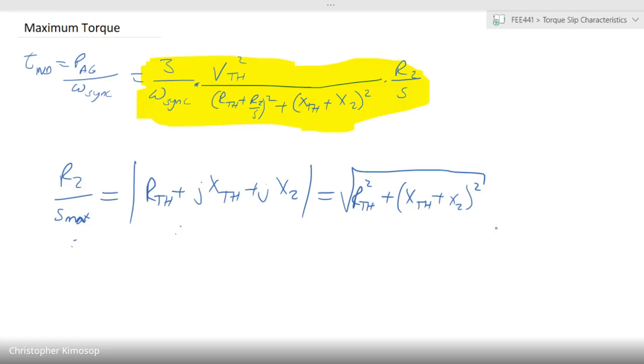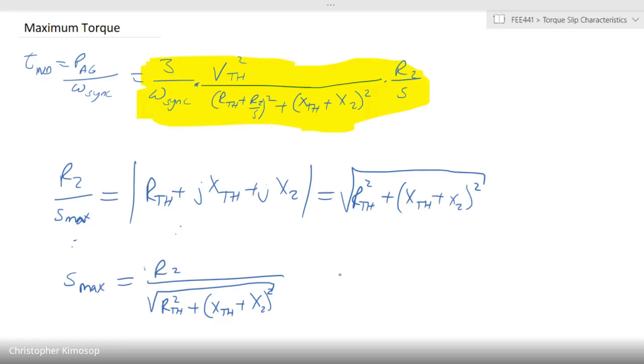Since we are looking for the slip itself, let's rearrange, and we find that it is given by R2 over the square root of R Thevenin squared plus the quantity X Thevenin plus X2, squared.